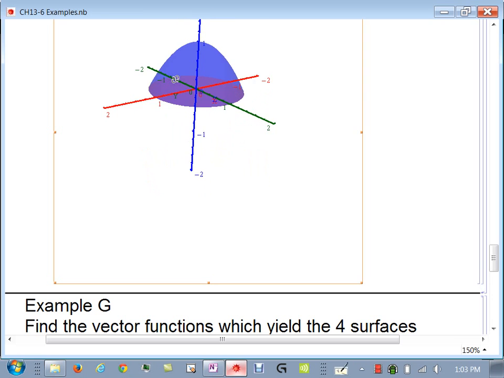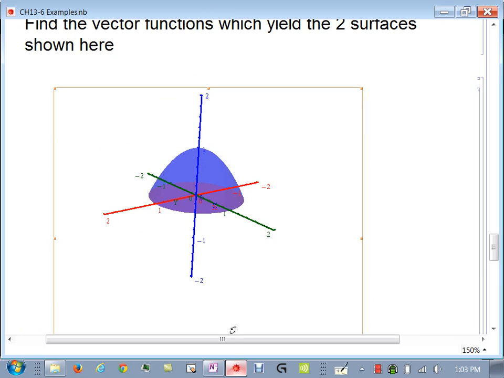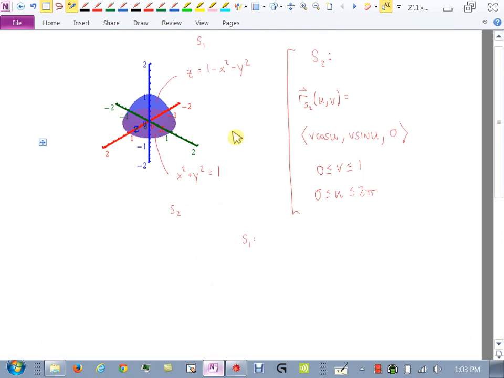So the parametric equation for this S1, what is it? This parametric equation should be exactly the same as the one for the disk, except that the z-coordinate can't be 0. And that z-coordinate is going to be dictated by the equation we have for z, and z is 1 minus x squared minus y squared. But what's x for us? v cosine u. And what's y? v sine u.